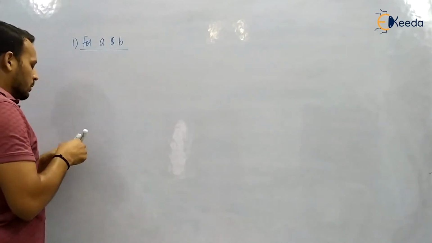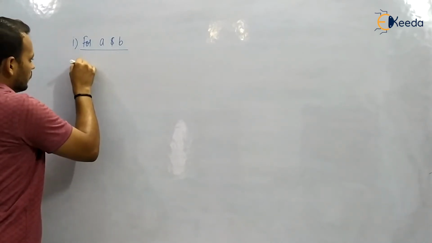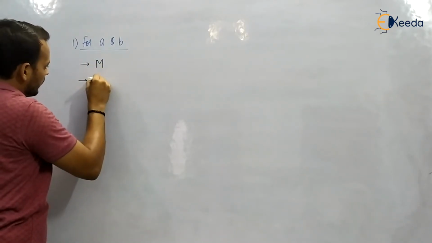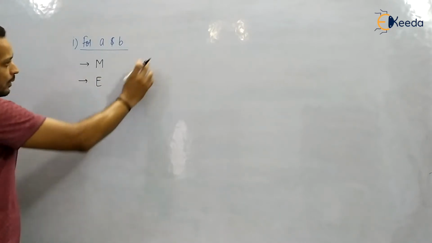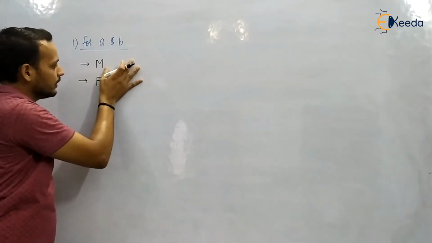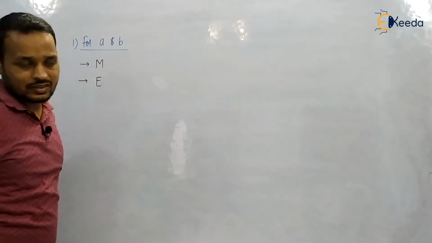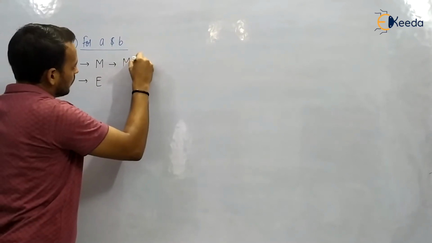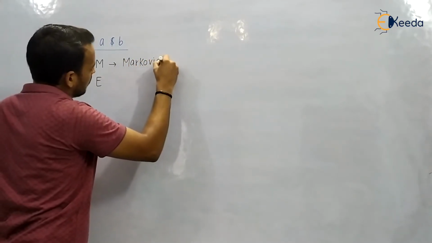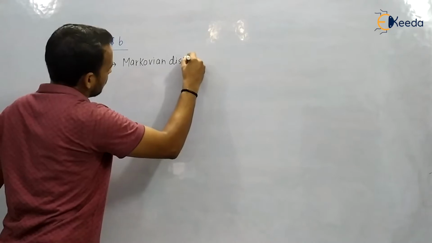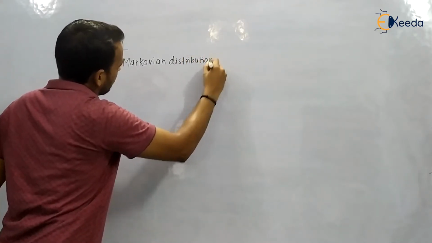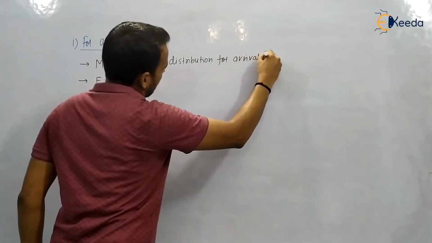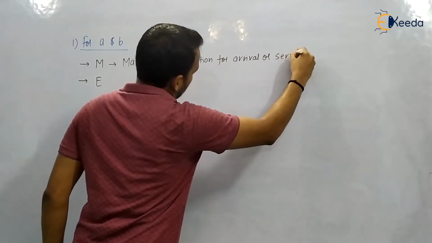Mainly there can be two possibilities. It can be M or E. At the place of A, you will find that either M is written or E is written. M represents Markovian distribution for arrival or service.